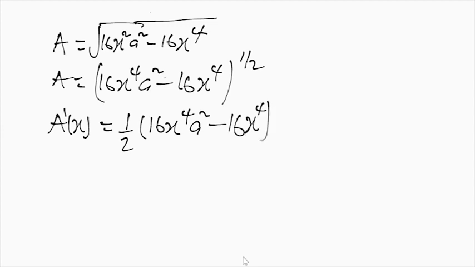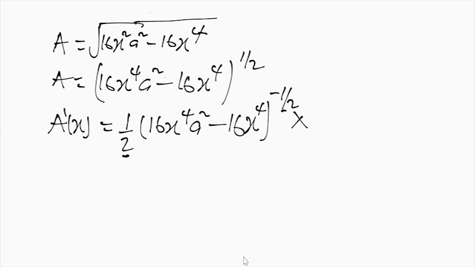Then you multiply by the derivative of what you have in the bracket. That's why we call it a function of a function.